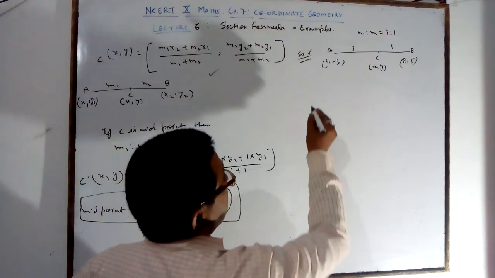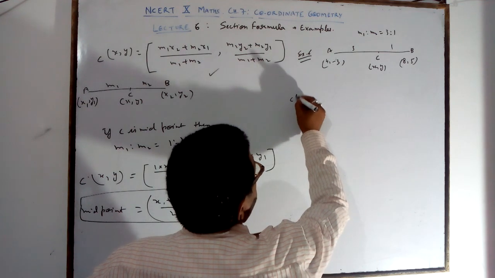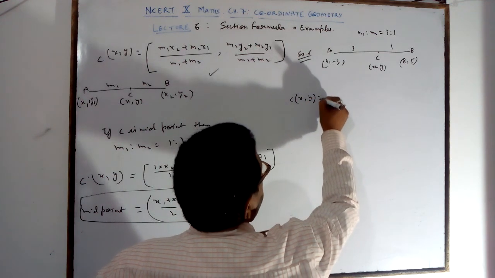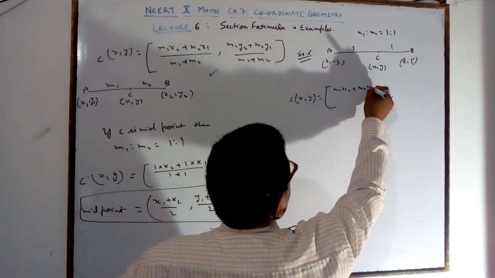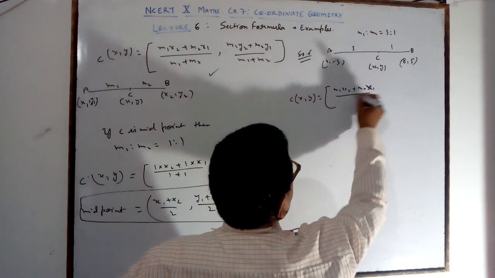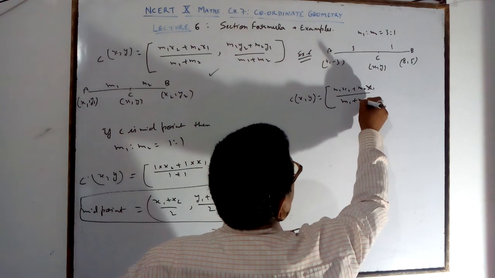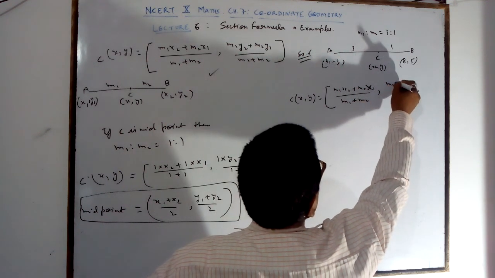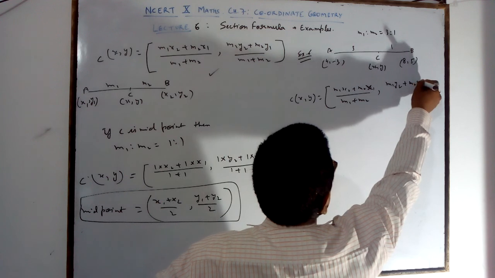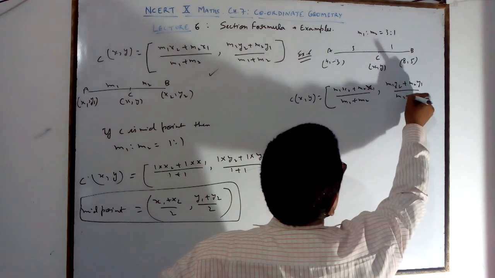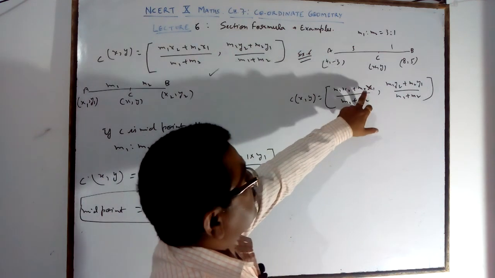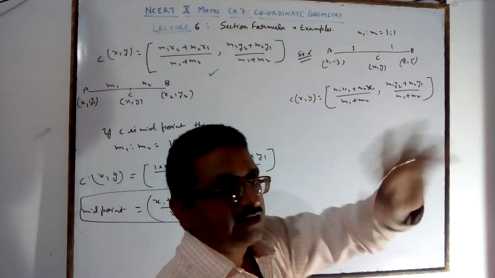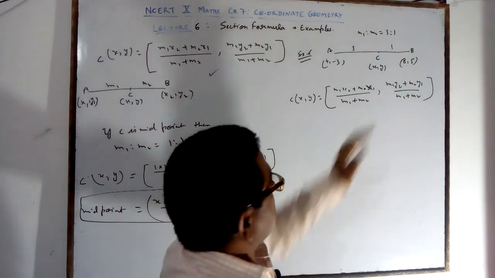So using the section formula, C(x, y) is equal to m1 x2 plus m2 x1 upon m1 plus m2, comma m1 y2 plus m2 y1 upon m1 plus m2. In the book m2 x1 is given first, but by the commutative law, a plus b or b plus a is the same thing.